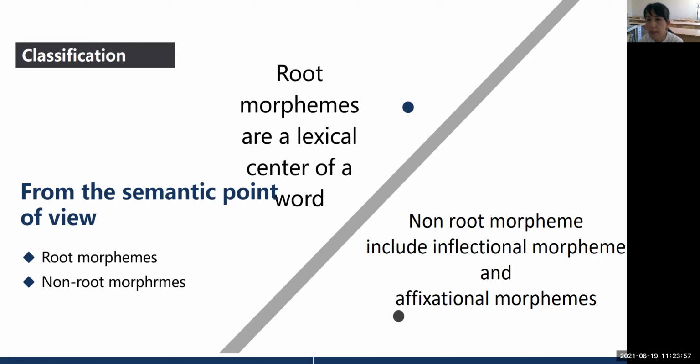The next one, -ed, is the inflection of the past tense or past participle. -ing is the inflection of the gerund, for example, play, playing. The next one, -en, is the inflection of past participle, for example, eat, ate, eaten.